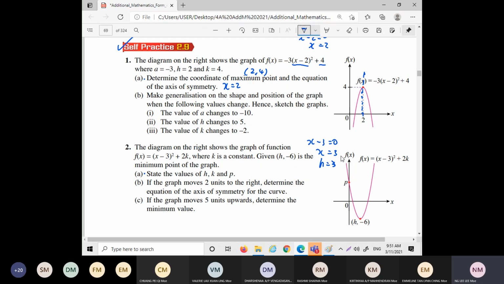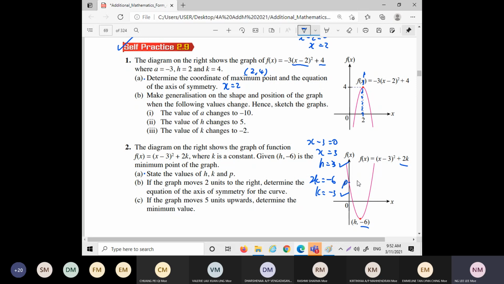Usually if this type of question comes out in the exam, this is only 1 mark. No working, no mark, so you just show it. Then this is this. Therefore 2k equals -6, then k is equal to -3, another mark. Then last, where is the p? Oh, p is here, sorry. p is the y-intercept.